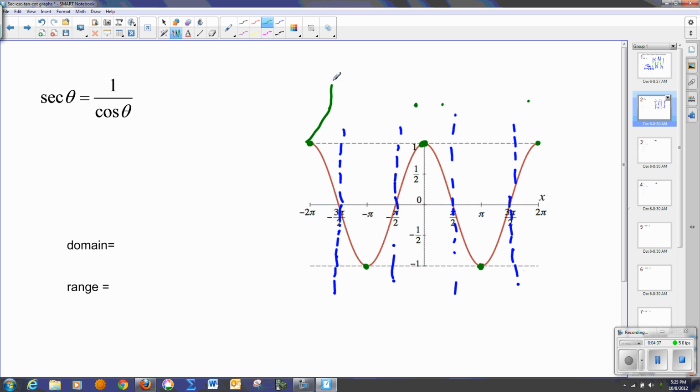Draw these. And then all my reciprocals of negative 2 somewhere down here and here. So again, the green graph is going to be my graph of secant.